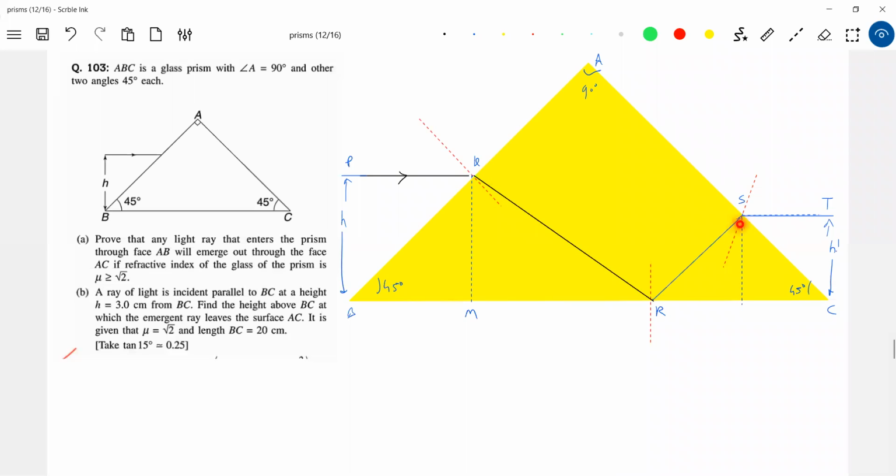So I took help of a scale and protractor. It really troubled me almost 1 hour. Yesterday I spent 1 hour. I just assumed it like this, and I got some H dash not matching. Then I thought, what is the problem? Then I measured these angles, everything. The angle is such that the ray after reflection will come here, strike the base, undergo TIR, and then again undergo refraction.